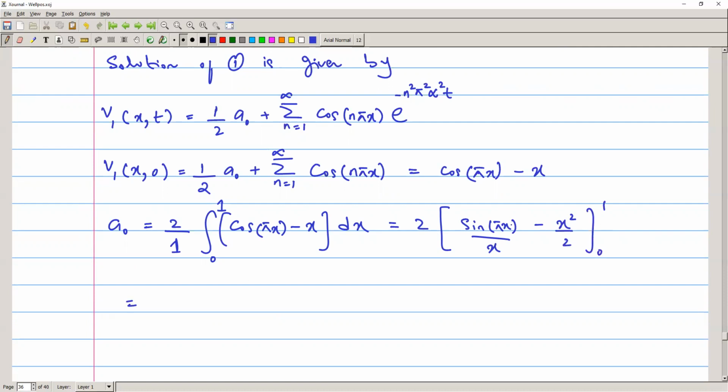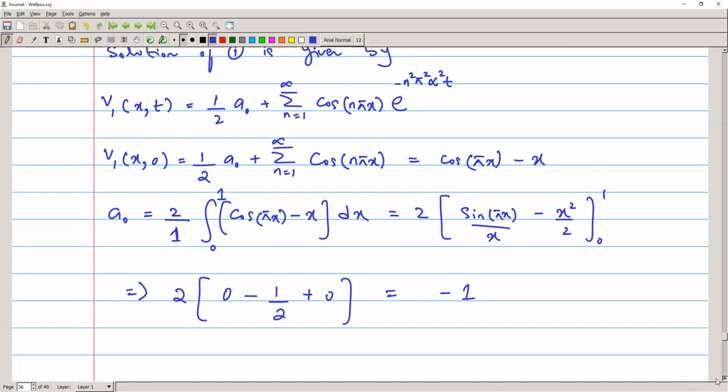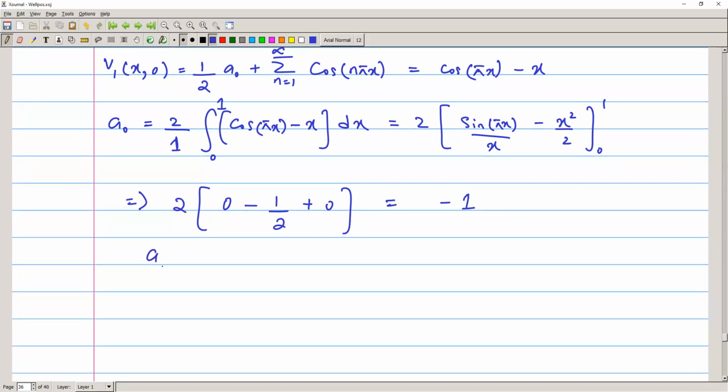We can see that sine pi x will be 0 at 1 and 0 at 0, right? So this implies 2 times 0 minus 1 over 2 plus 0. Therefore, this is equal to negative 1. So a naught is equal to negative 1.